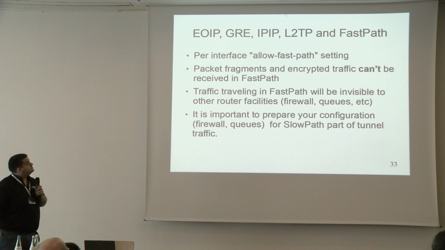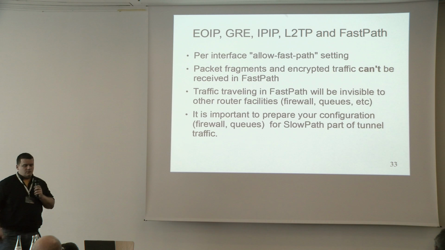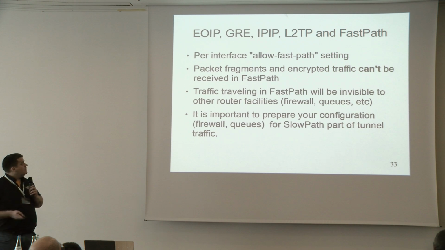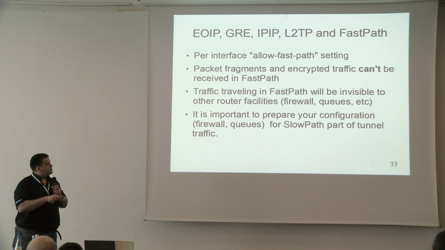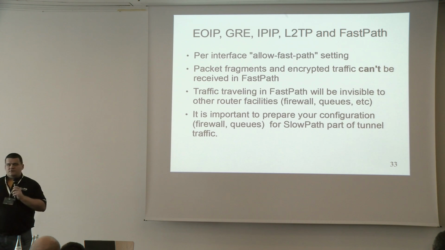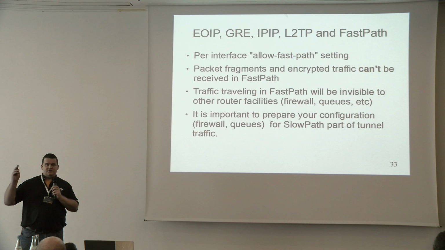So what about tunnels? Each tunnel now has an allow FastPath option that you can enable or disable yourself. Again, third time, fragmentation and encryption don't work. But as soon as you enable your allow FastPath checkbox, you need to understand that this traffic will become invisible to all the other RouterOS facilities.